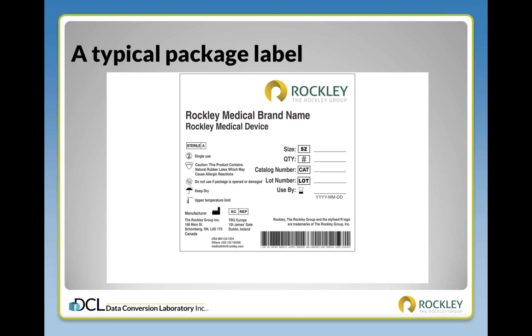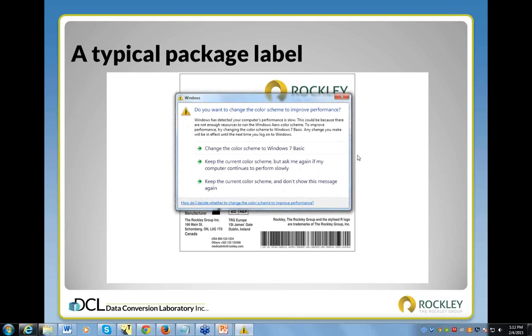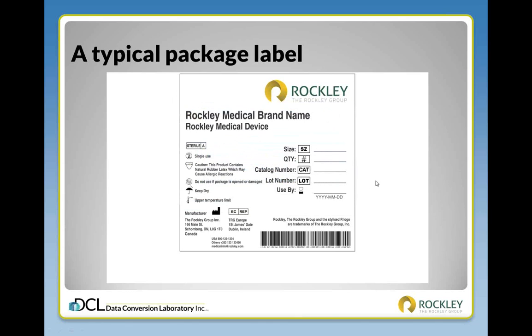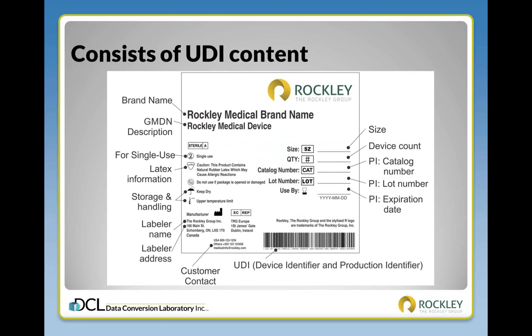So the image I'm showing here, which is similar to what I showed in the last presentation, is a sample label. It's got my name on it because we can't show our client materials. But with that, you've got a basic label. On the next slide, it shows what these pieces of information are on the label.